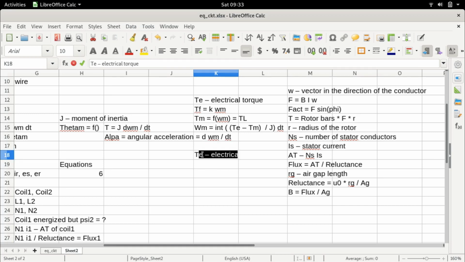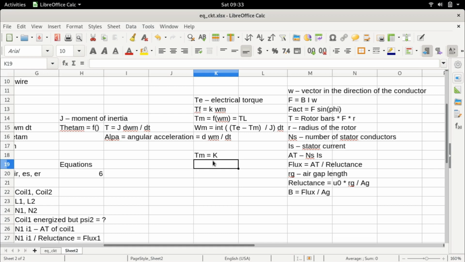say that Tm is constant with respect to mechanical speed, right? So we can say that it is a constant. No matter how much the speed of the motor changes, the mechanical torque will always be the same.